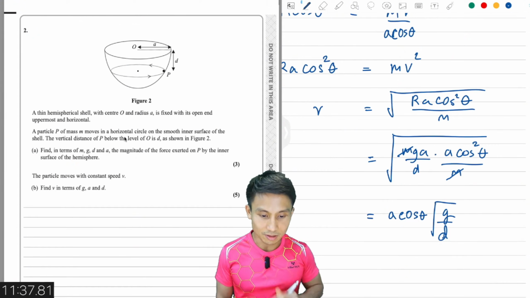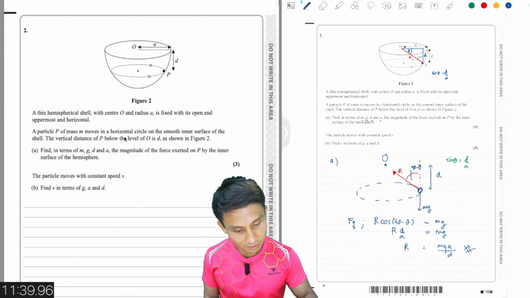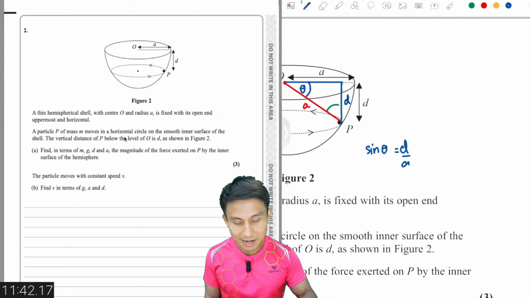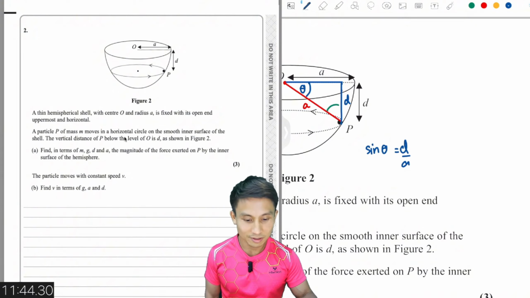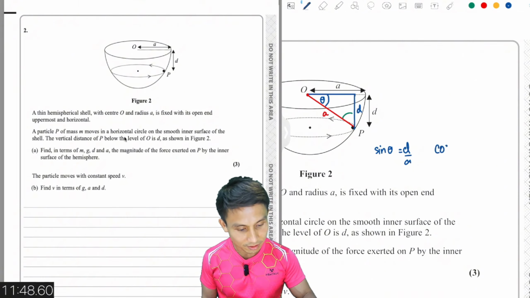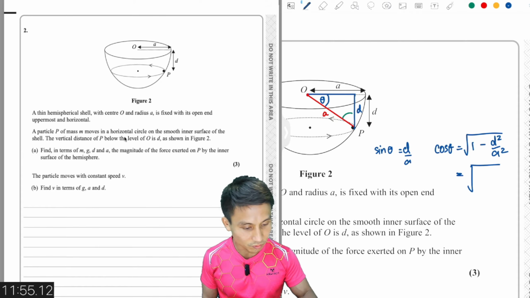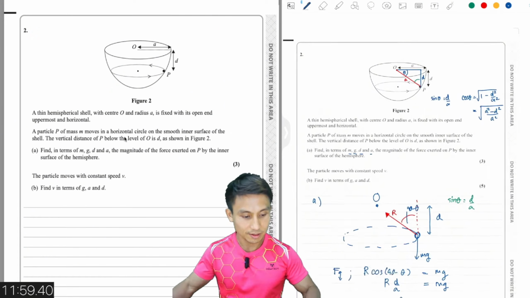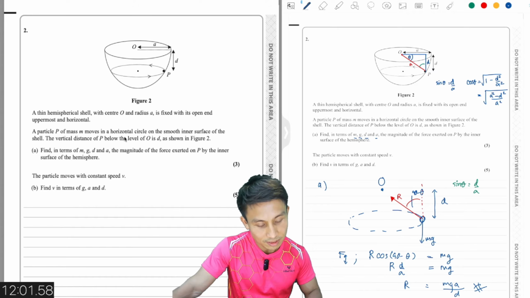And cos theta will just be what? Well, if sine theta is d over a, what would cos be? We can find cos by doing cos theta equals the square root of 1 minus sine squared. So that's d squared over a squared, so it would be a squared minus d squared over a squared. So that would be the cos theta.